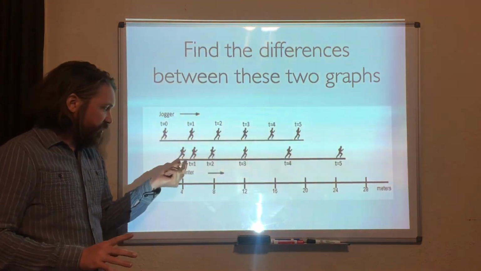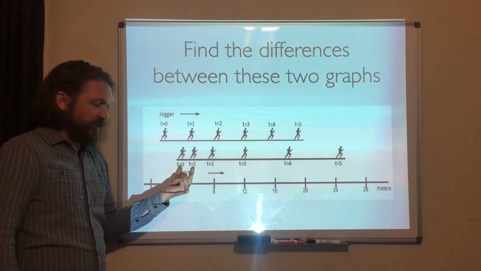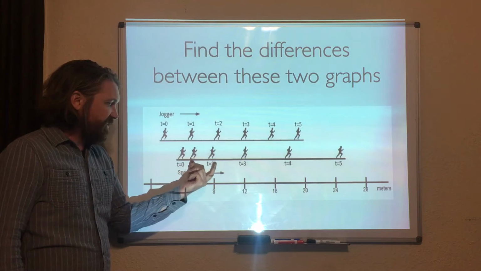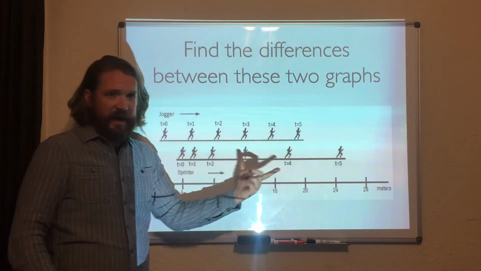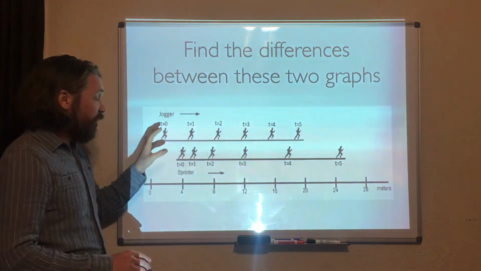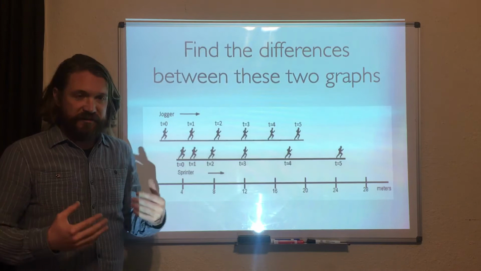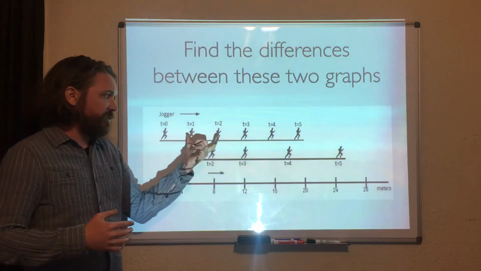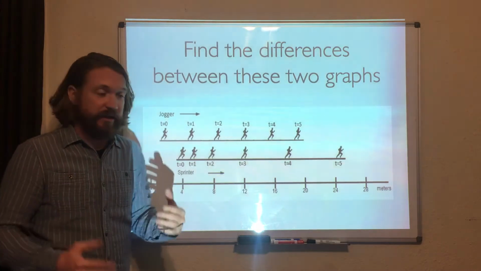Whereas the sprinter starts off going a much smaller distance in between 0 and 1 second, but that distance gets greater every second that passes. The jogger is jogging at what we call a constant velocity, meaning every second his distance is exactly the same. He's moving at the same speed.